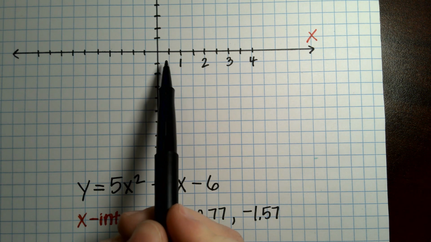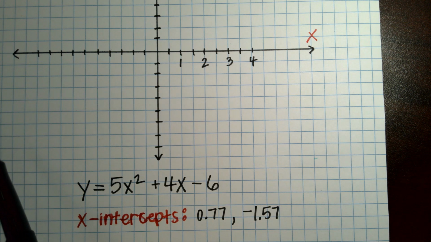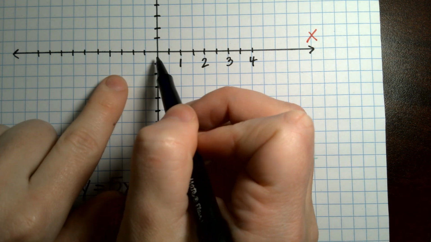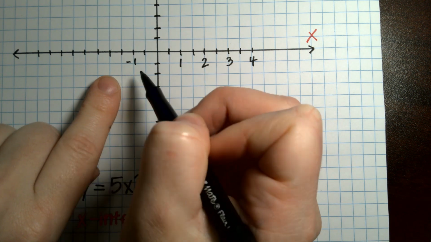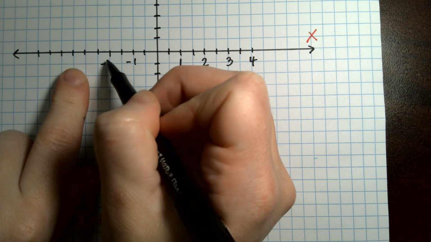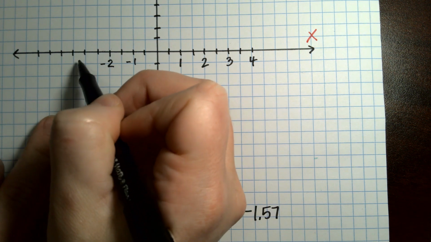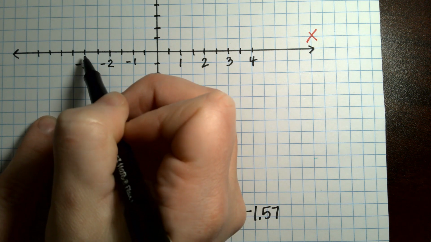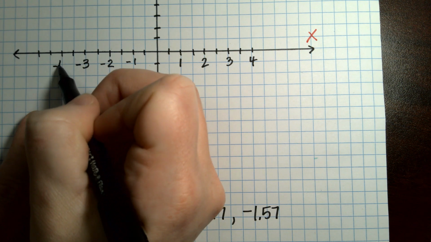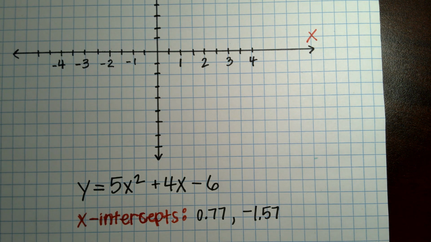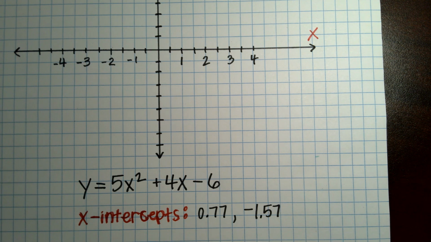And we're going to mirror that on the other side, but with negative numbers. So negative 1, skip 1, negative 2, skip 1, negative 3, skip 1, negative 4. Okay. And we'll worry about the y-axis in a little bit.